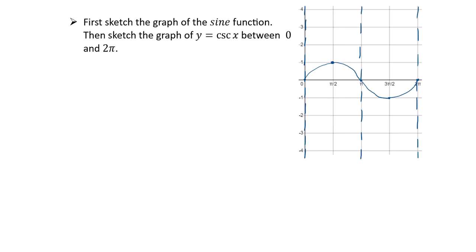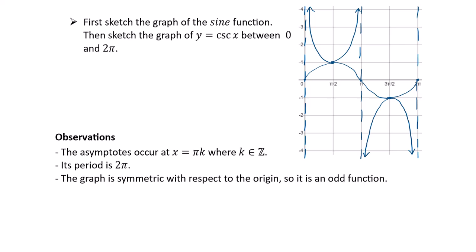I know that I'm going to have this shared point at the max, and it goes up, getting pulled towards the asymptotes, and I have this shared point here at this minimum and getting pulled there towards the vertical asymptotes again.